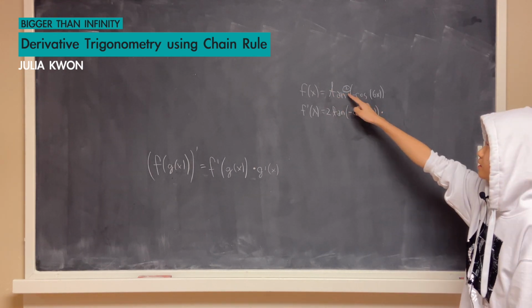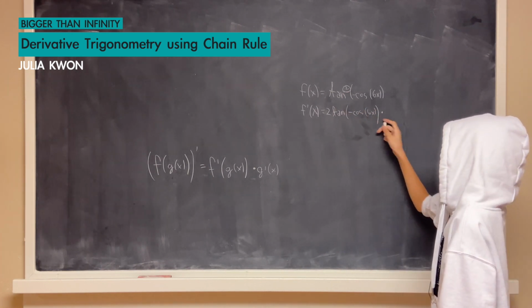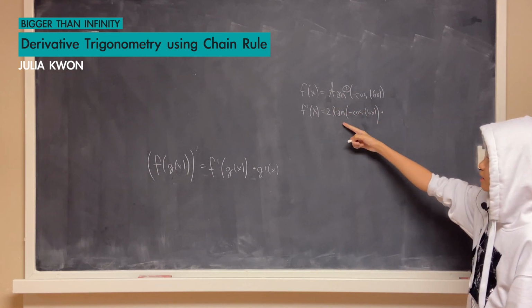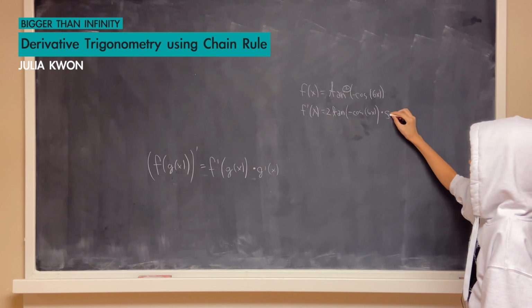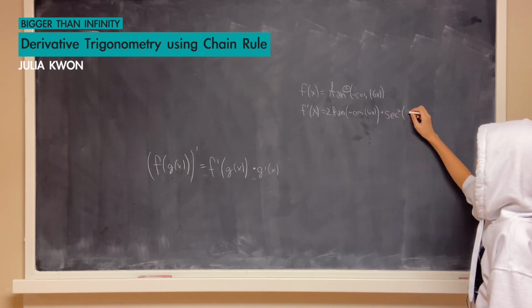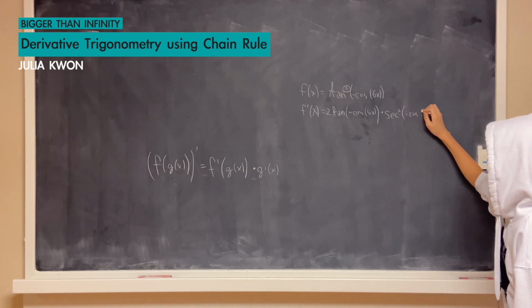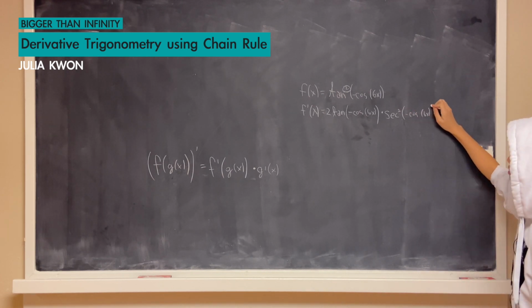So the power comes first, and then the next one. The derivative of the tangent is secant squared times, leave everything alone again, negative cosine of 6x.